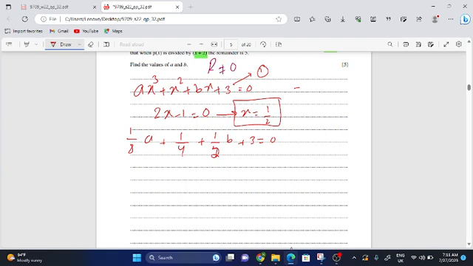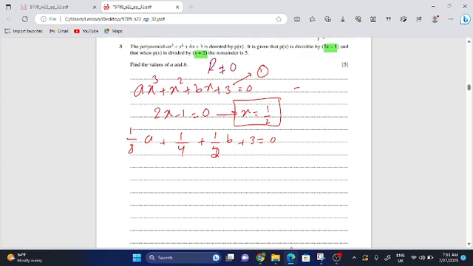Taking the LCM and solving it, I'm doing it directly. You can take the LCM and solve it. That gives you a plus 4b plus 26 is equal to 0. I just write down the solution directly. You can take the LCM and confirm whether you are getting the same result or not. Let me mark this as equation number 2.